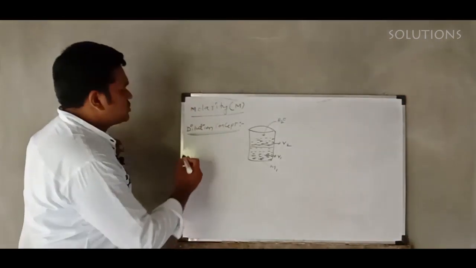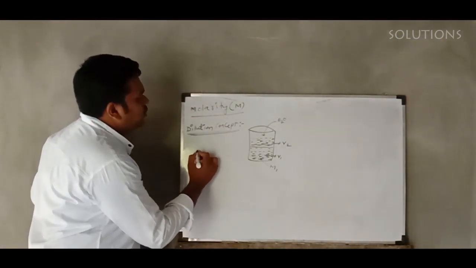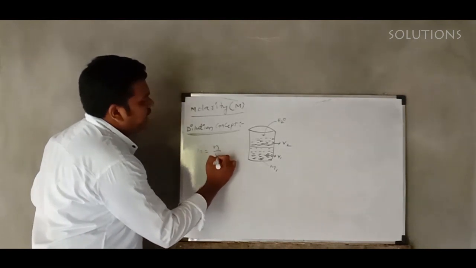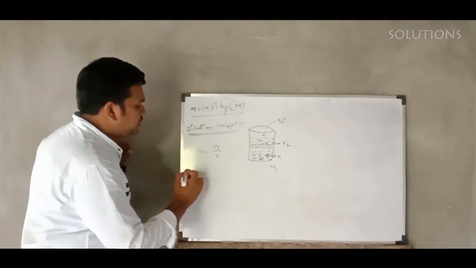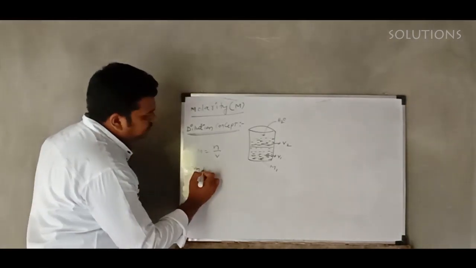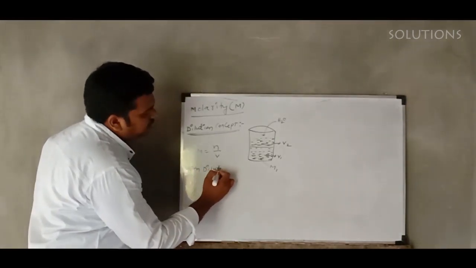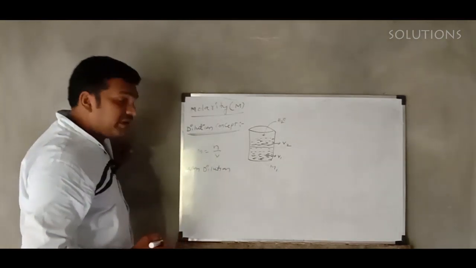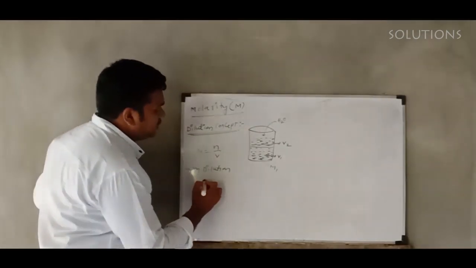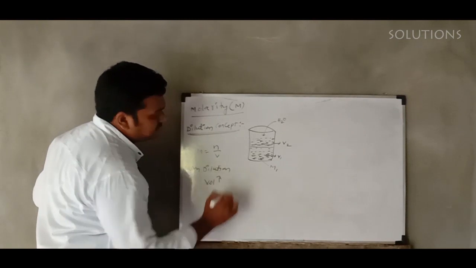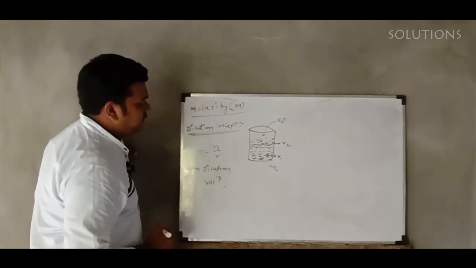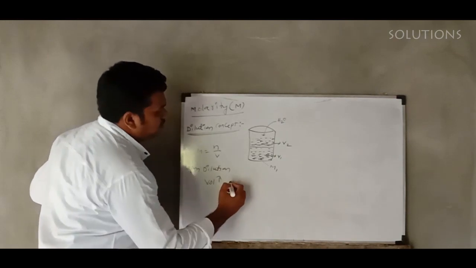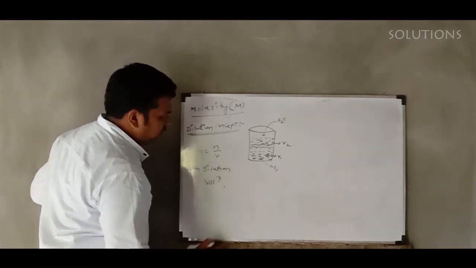You know one formula: molarity M is equal to N by V. Upon dilution, the volume increases.